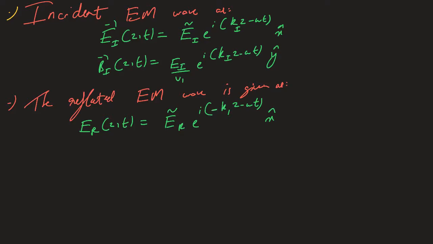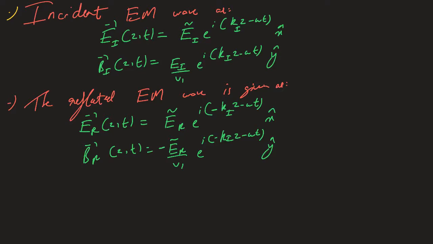I've put a minus sign here, so I can just put the same wave vector here, which was the incident wave vector. And the reflected B field would be E reflected over v1 e to the i of minus k incident z minus omega t y hat, but there will be a minus sign here which just comes from Maxwell's equations, right?